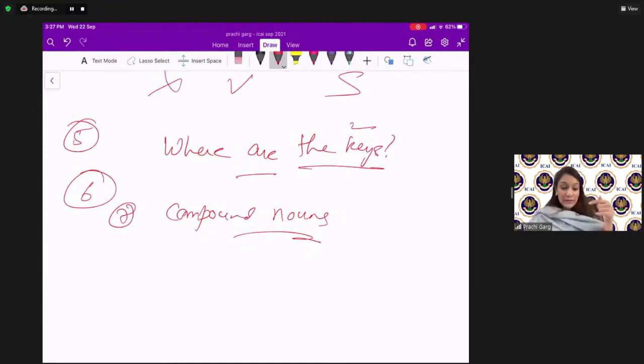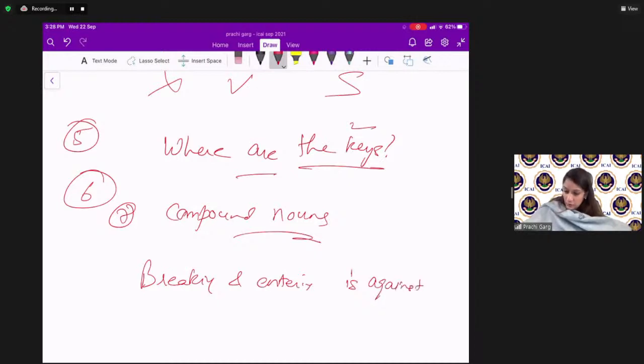The captain and the coach of the team has been sacked. The captain and the coach of the team, we are talking about the same person, one person, right? And so whenever we are talking about this, we use the singular verb like this: breaking and entering is against the law. We are talking about one thing collectively and we use a singular verb.